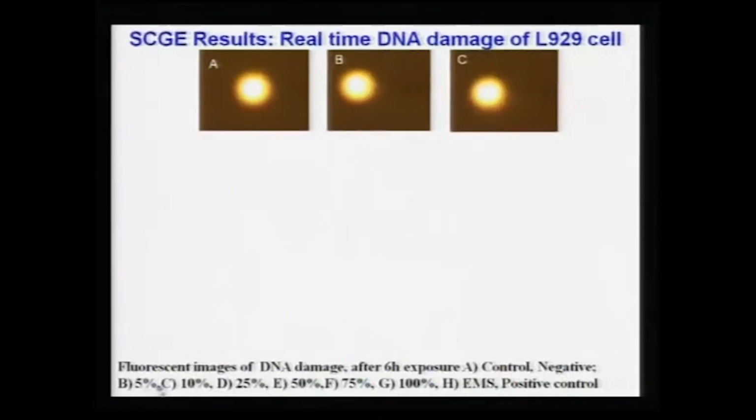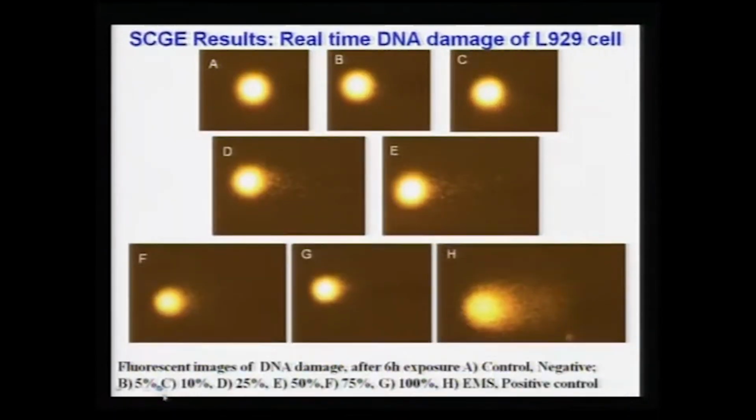Now, if you measure this, this is the fluorescence image. A stands for control, B stands for 5%, 10%, 25, 50, 75, 100, and this is the positive control. The positive control means you can see extensive DNA damage here, a lot of fragmentation. Negative control means no DNA damage.